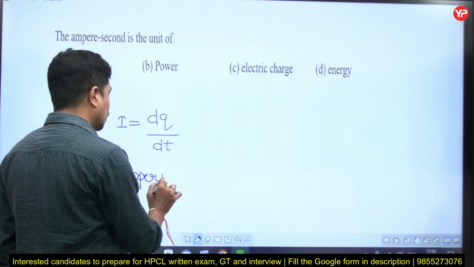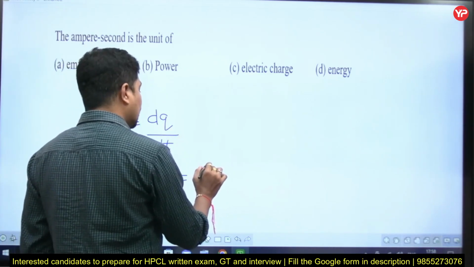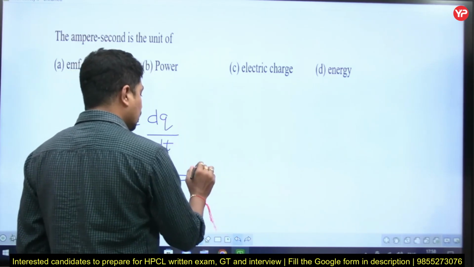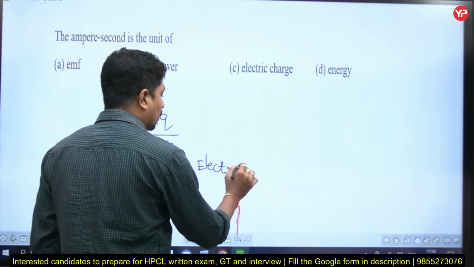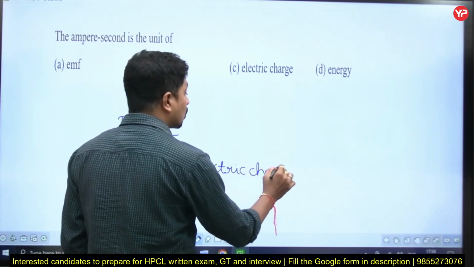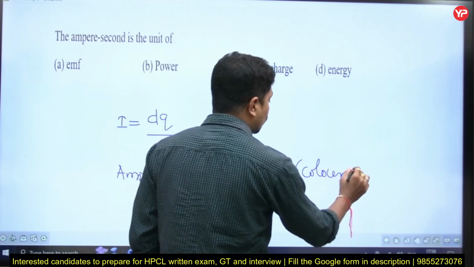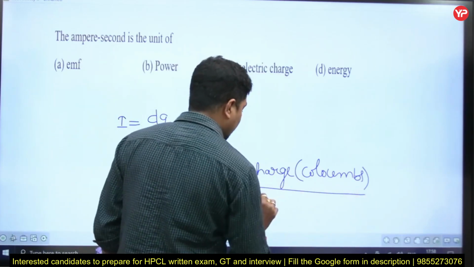Amperes is equal to electric charge, whose units are coulombs, by seconds.